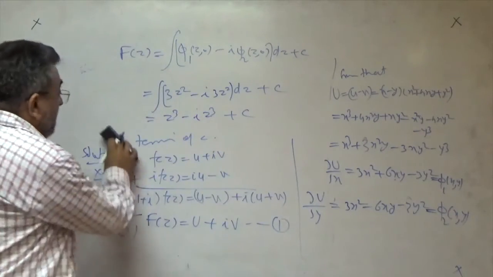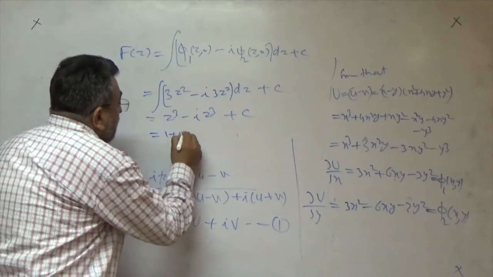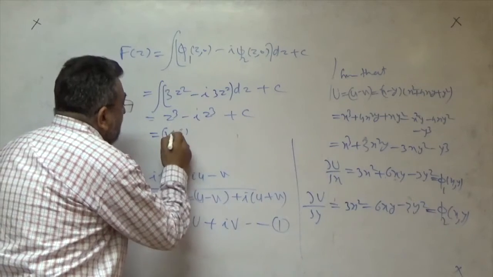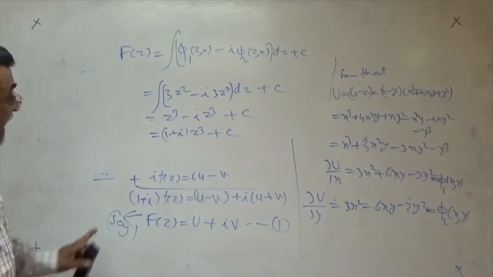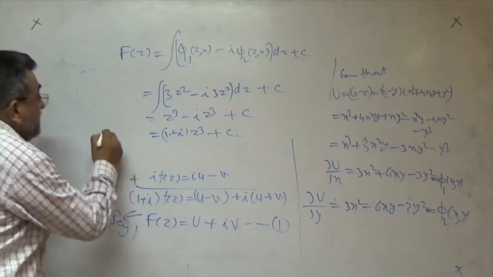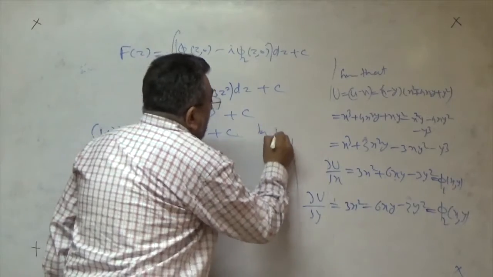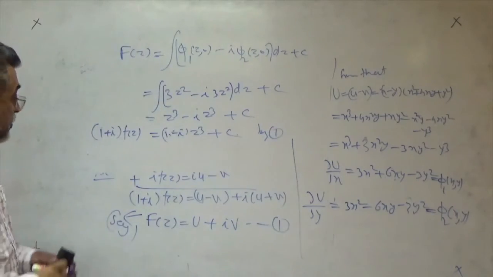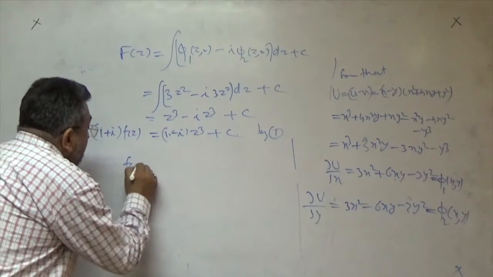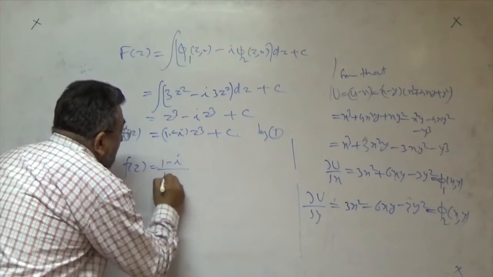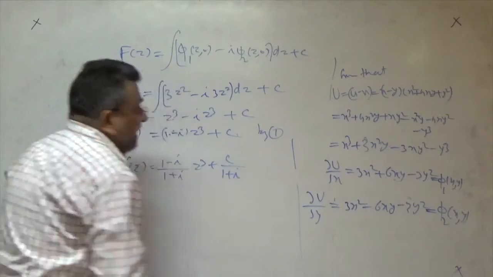This is the right hand side. Taking z cube common, we get 1 minus i into z cube plus c. This is equal to capital F(Z). But by equation 1, capital Z is 1 plus i into small z. We assume this capital Z. So from here we get our original function, that is f(z) equal to 1 minus i, 1 plus i z cube plus c of 1 plus i.